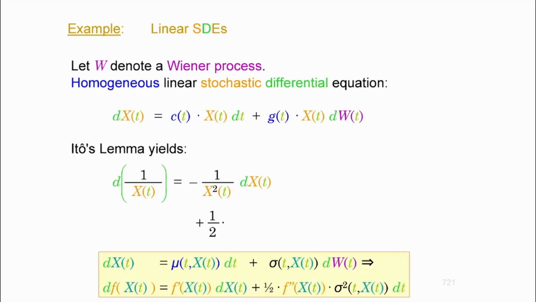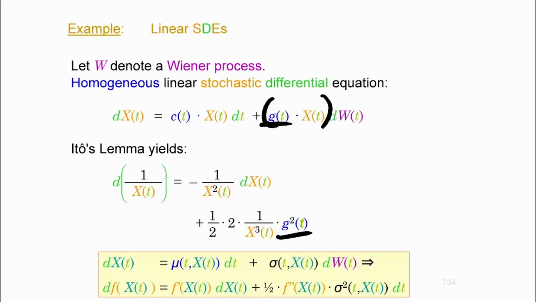And thus, this is what you end up seeing. So you have 1 by x cubed at point t, right? So let's pretend it's there, after basically it was destroyed. Sigma squared at point t, g squared at point t, okay, here it is. This is basically part of the diffusion.